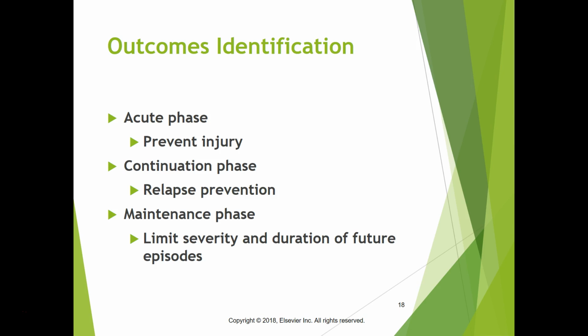In the continuation phase, when they're starting to get better, we want to help them stabilize and prevent relapse. So teaching and med compliance again, and also working on their overall healthy lifestyle and trying to decrease stress is very important.